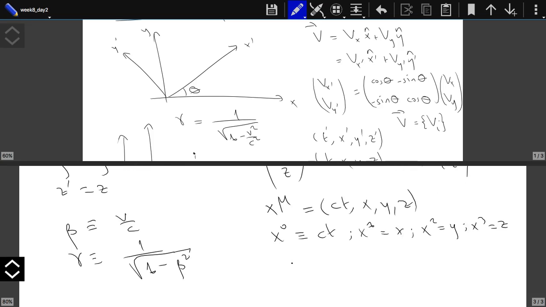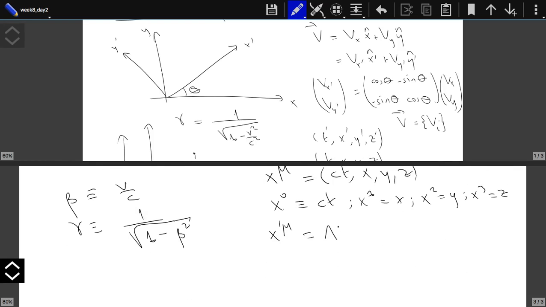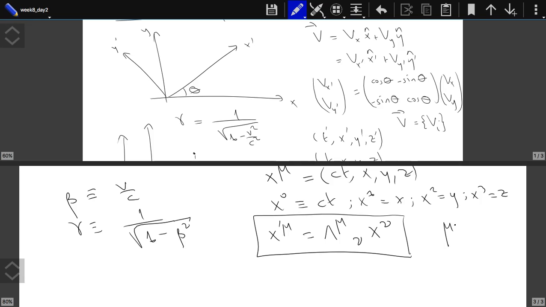So that Lorentz transformation, I can write it as X^mu prime equals the matrix lambda, which I take the mu and nu index of, multiplied with X^nu.